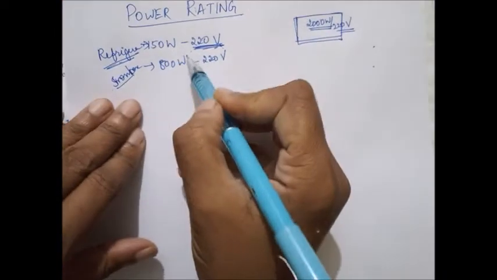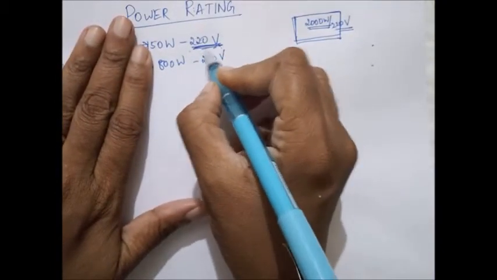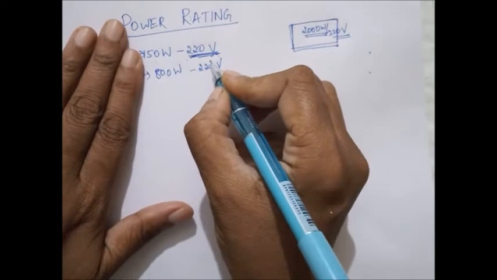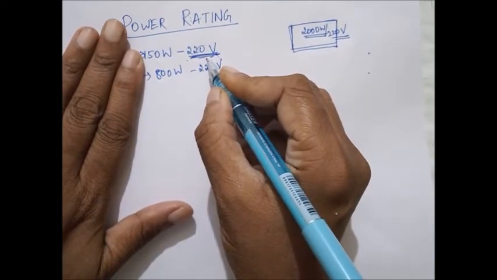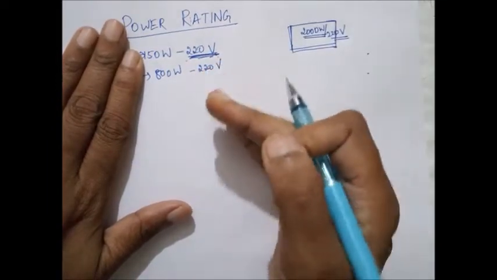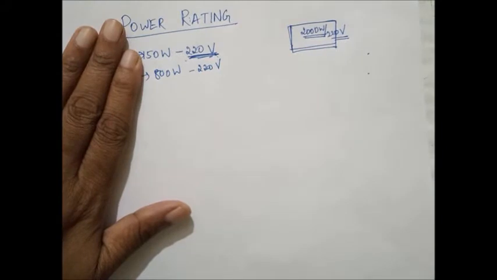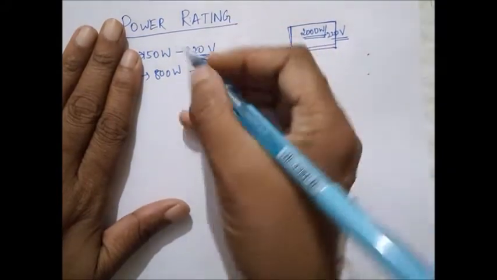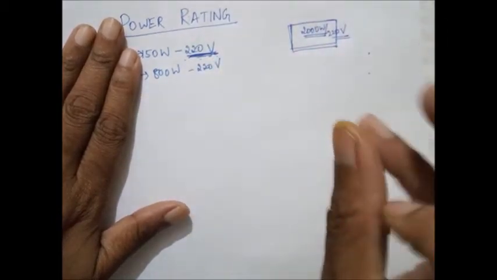So power rating gives you this information that in India we are supposed to get 220 volt in all our 3-pin plug, but many times it will be 210, 200, 180, low power, or sometimes it even goes to high power. That can lead to some damage, but on an average we are supposed to get 220 volts in every power plug.